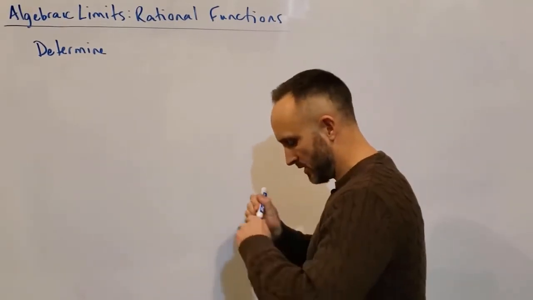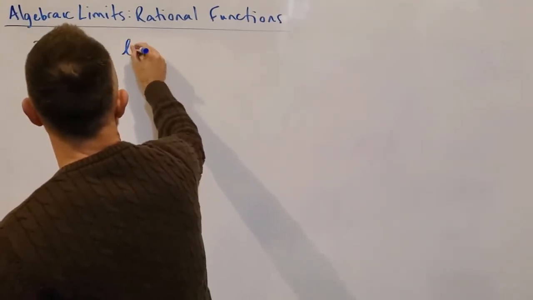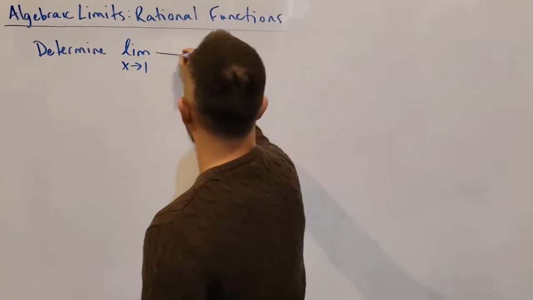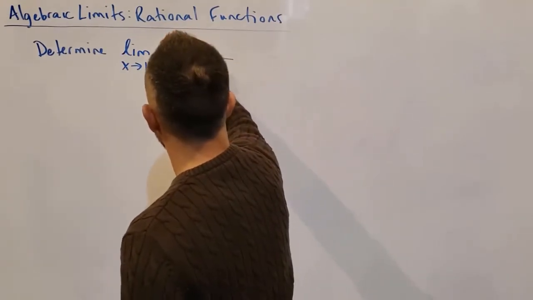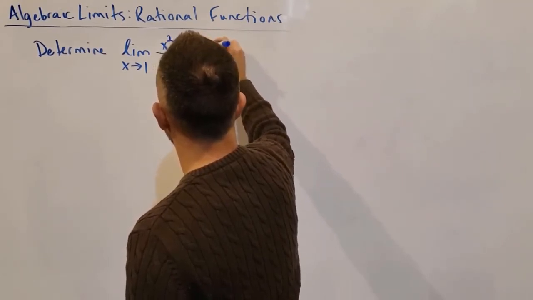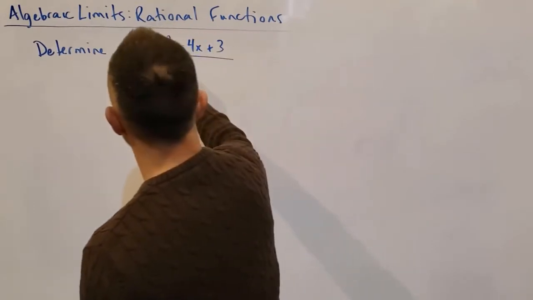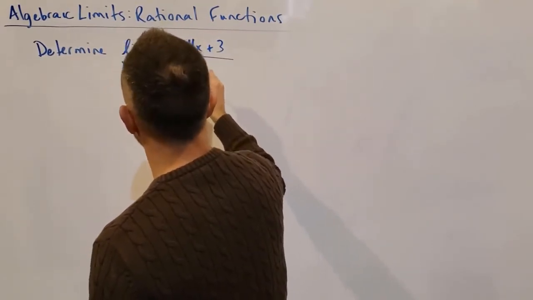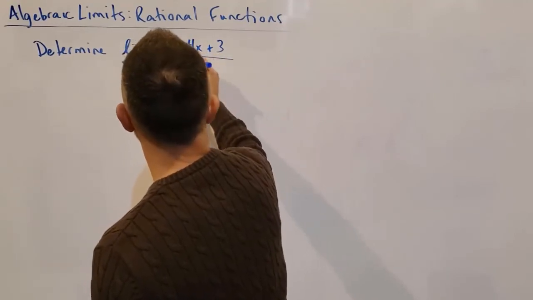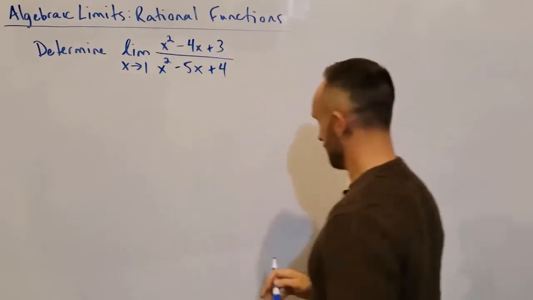Okay, let's say we want to determine the limit as x approaches 1 again of x squared minus 4x plus 3 over x squared, how about, minus 5x plus 4, okay?